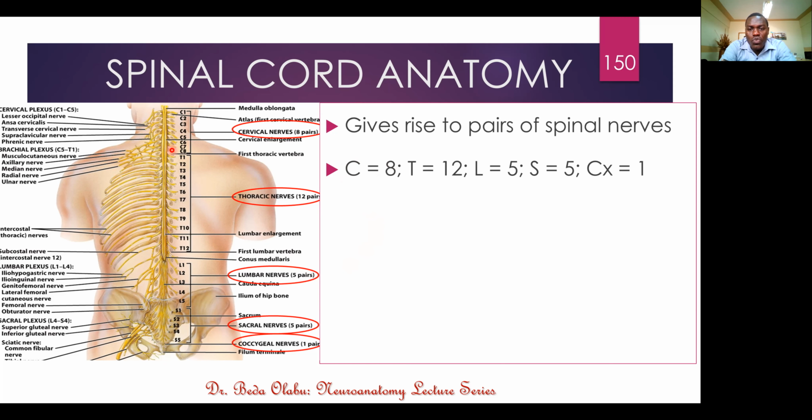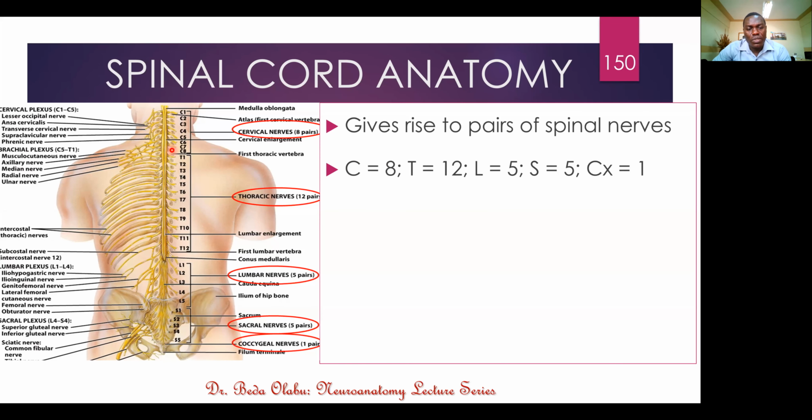Don't confuse the pairs of spinal nerves in the cervical region with the number of vertebrae in the cervical region. The number of vertebrae in the cervical region is 7, but the pairs of spinal nerves in the cervical region are 8.